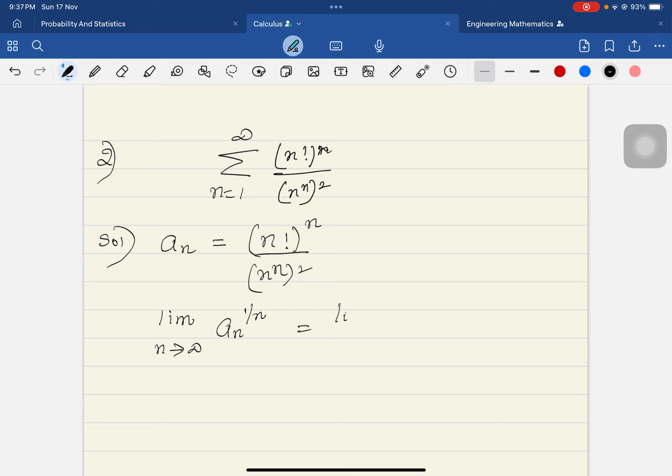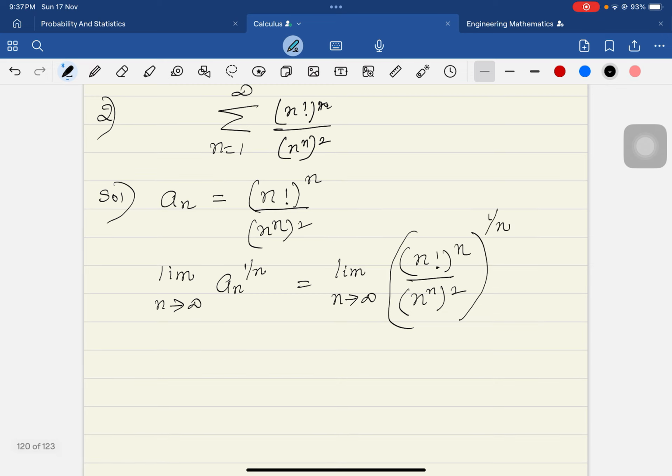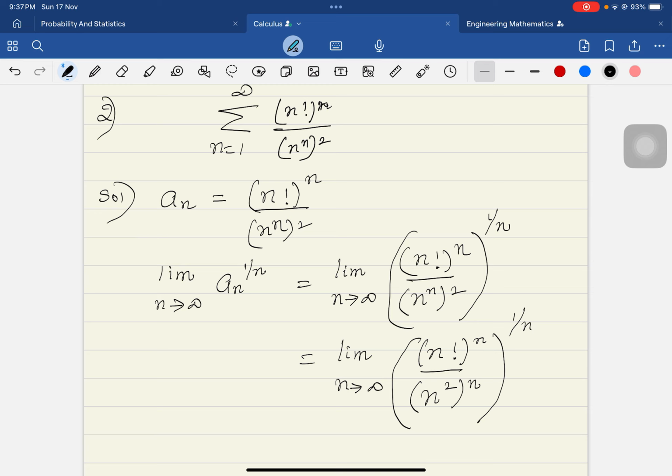So that is the limit as n tends to infinity of (n factorial by n power n) the whole square, the whole power 1 by n. Let us now write this in a different way, because n is going to infinity. Now we can rewrite this as (n factorial by n square) the whole power n, and this also the whole power n, the whole power 1 by n. I hope you could understand this step.